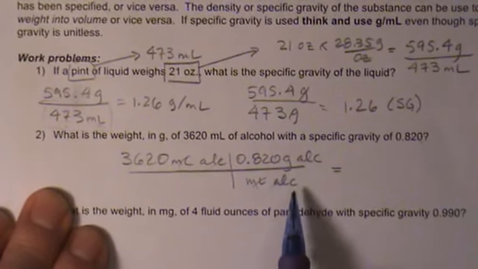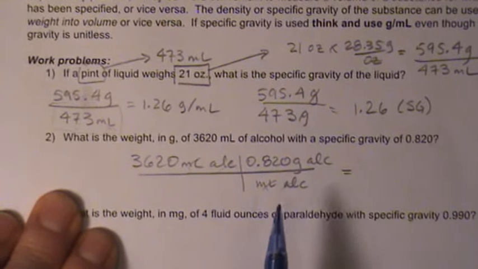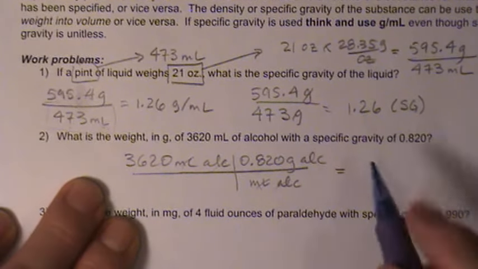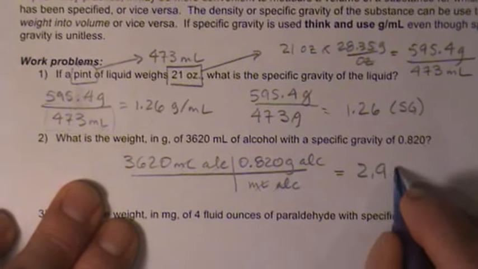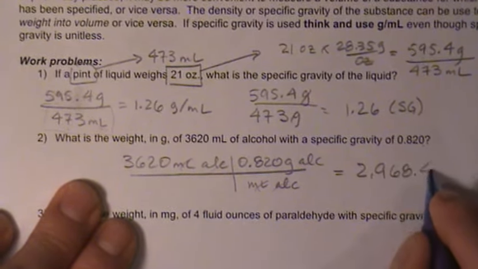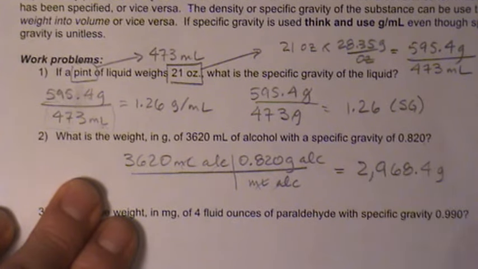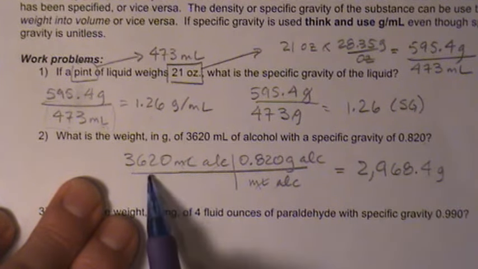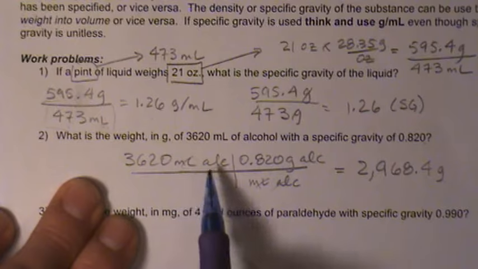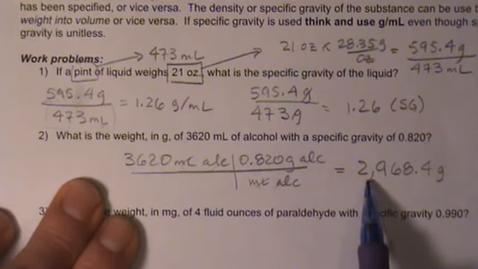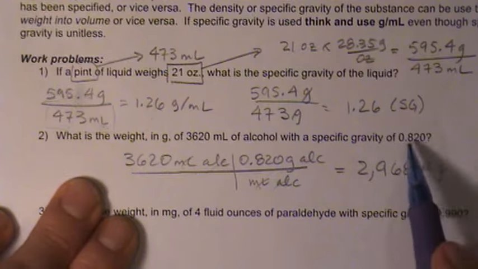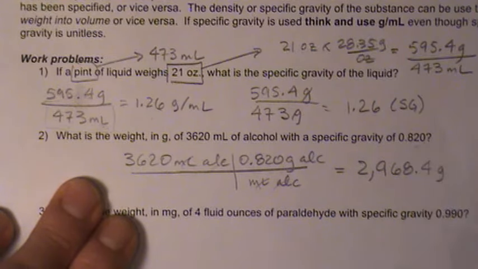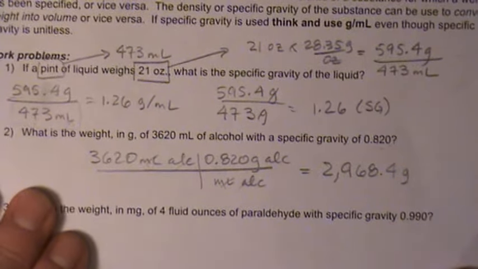And if I do the math, it comes out to 2,968.4 grams. So my 3,620 mils of alcohol is going to weigh 2,968.4. It makes sense. We saw up here it's less dense than water, so everything looks good.